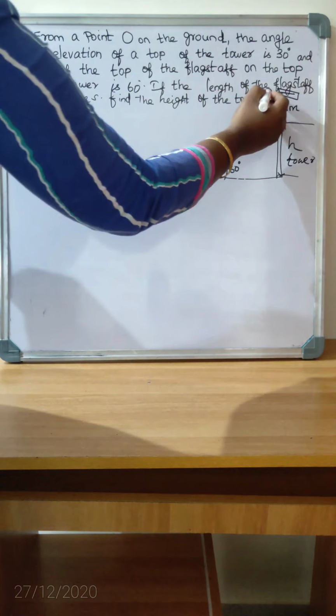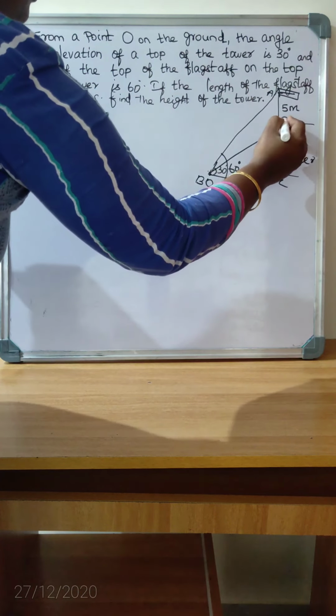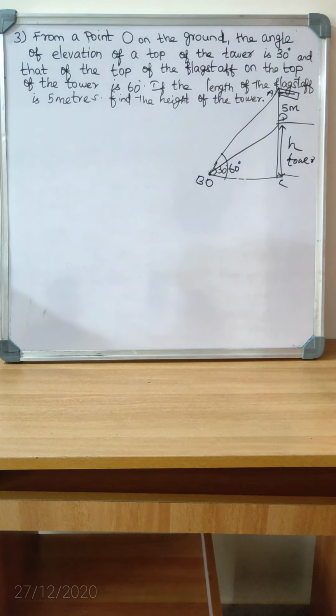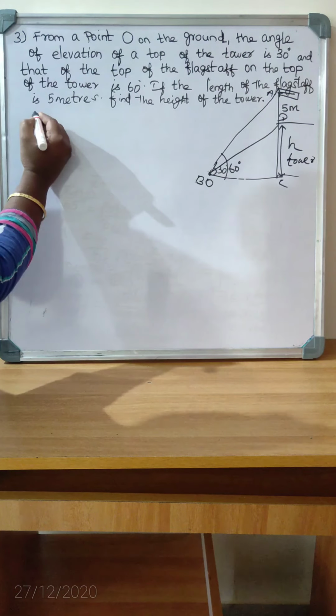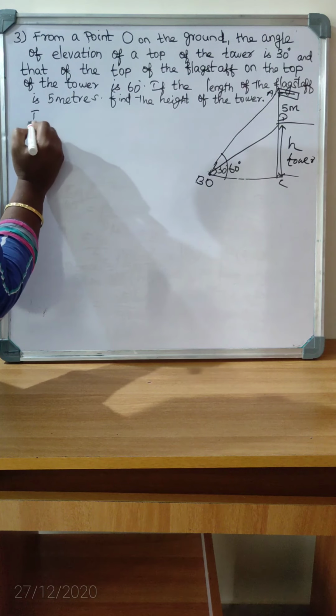So we are going to name the triangle A, B, C, D. So now I am taking the triangle ABC.